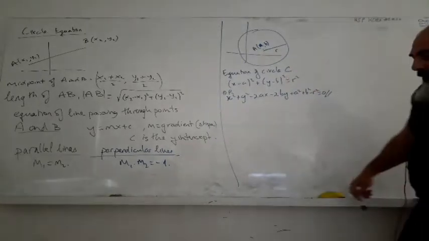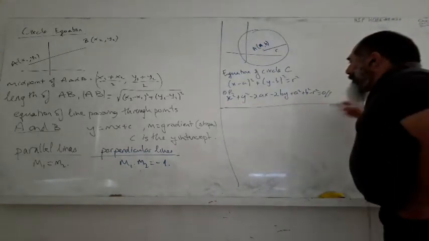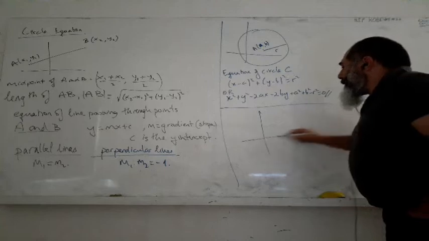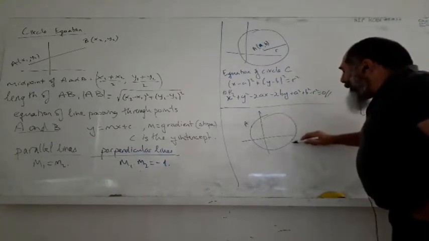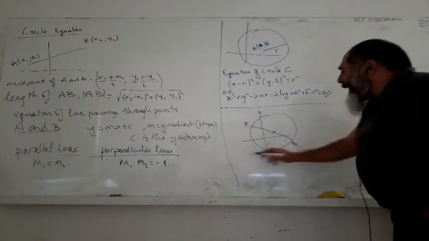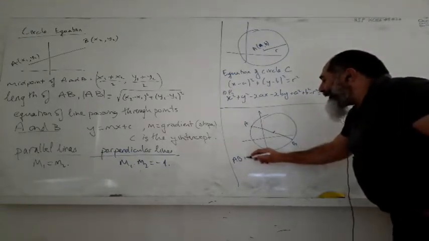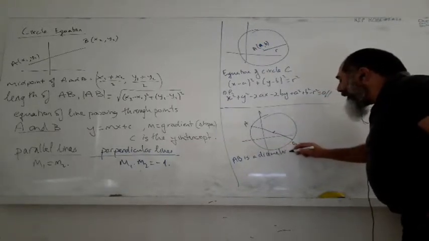Say that points A and B are on the circumference of the circle and AB is a diameter of the circle.